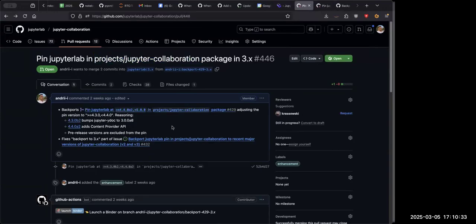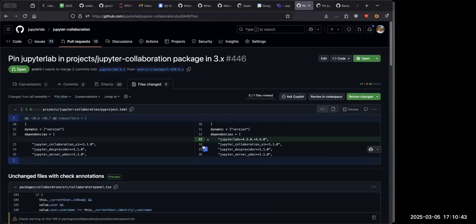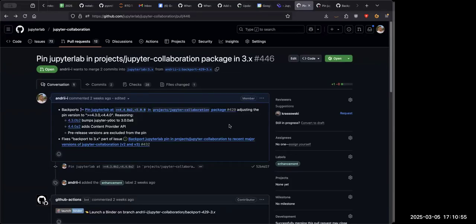So I was looking for reviews for this, for feedback. Essentially, backport to 3.x adjusts the pin version to essentially be 4.3, right? From 4.3 to 4.4, excluding 4.4. So it's just 4.3 and minor versions.